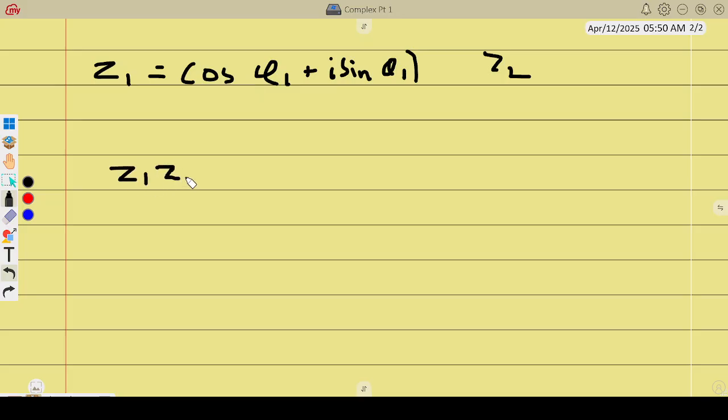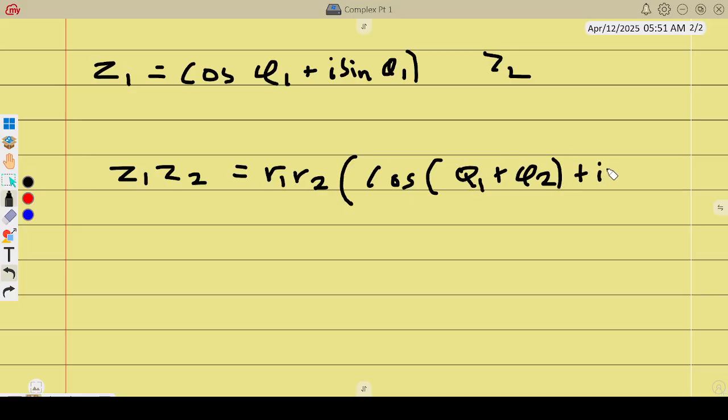The point is, when you multiply z1 and z2, you also multiply their moduli. So r1 and r2 you multiply, and then in brackets you say cos, and you add the angles, the angle for r1 plus the angle for r2, plus I sine, again the angle for r1 and the angle for r2.